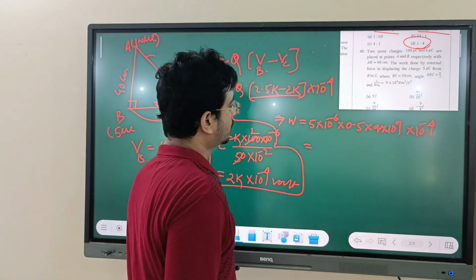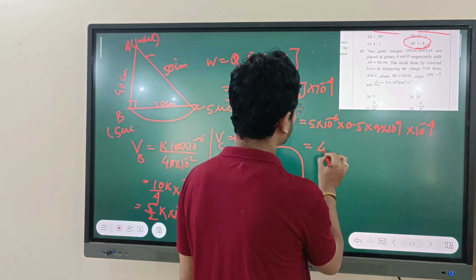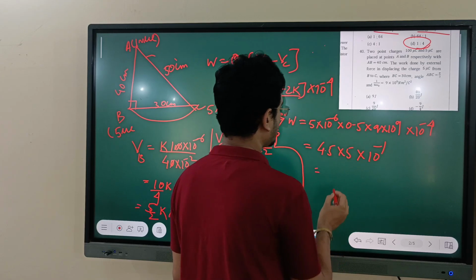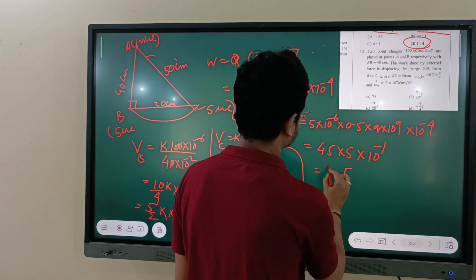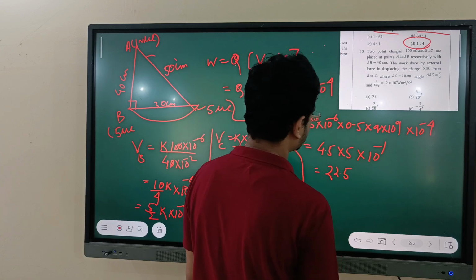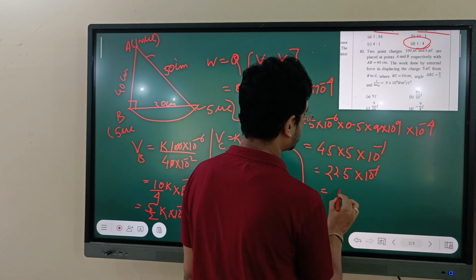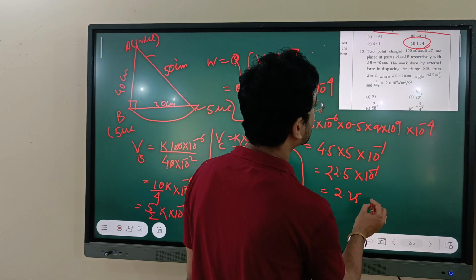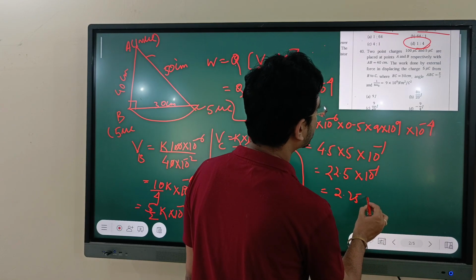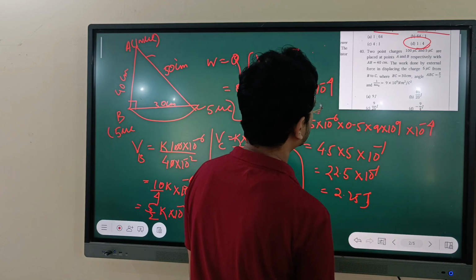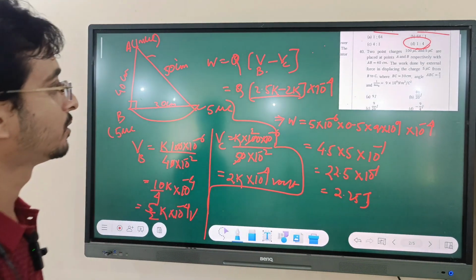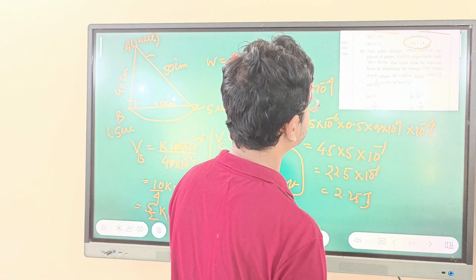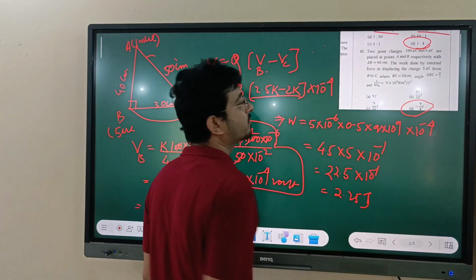So W is equal to 4.5 of 5 into 10 to the power minus 1, which is 22.5 into 10 to the power minus 1, that is equal to 2.25 joule. So which will be my correct answer? Minus 9 by 4 joule.